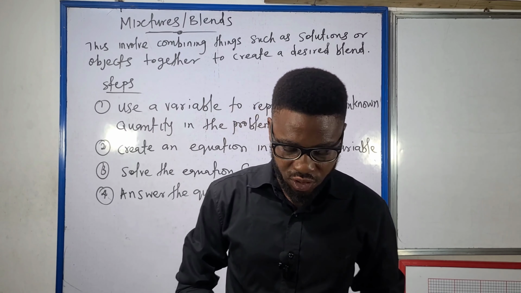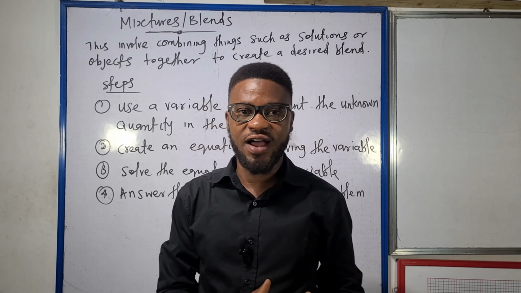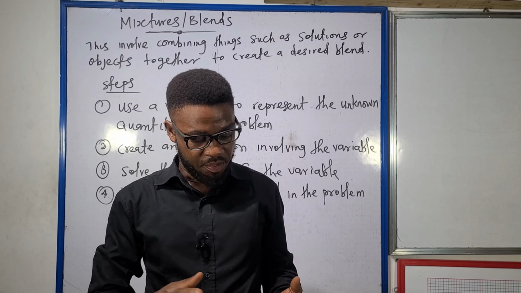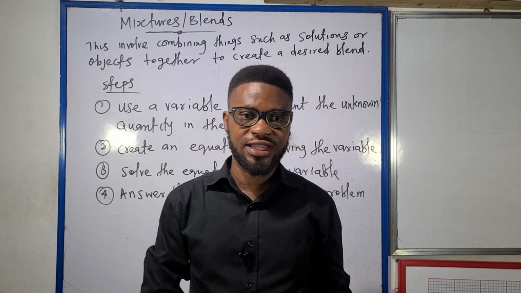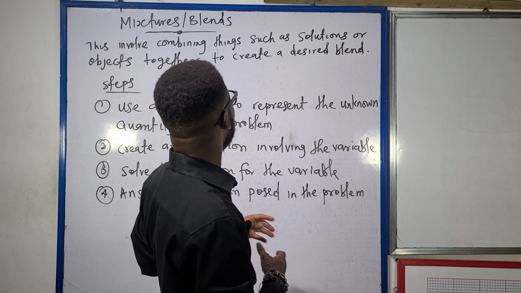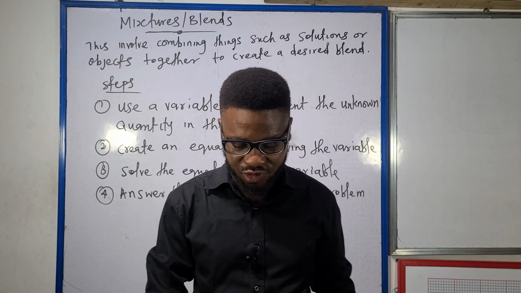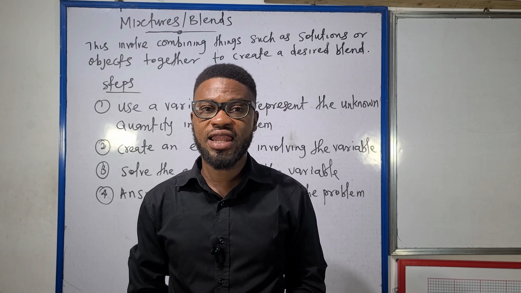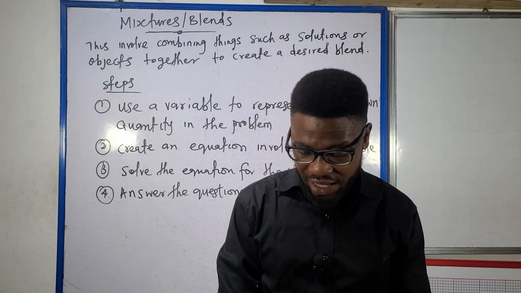Of course, this is the last topic as far as percentages, ratio, rate, proportion, and mixture is concerned. It's a thing in mathematics, it's a series. So we'll be looking at mixtures or blends, not the mixtures we have in chemistry, but this time we are looking at how to create mixtures from given information mathematically.